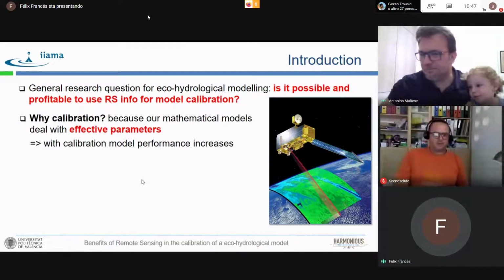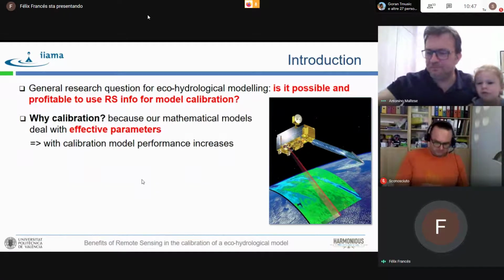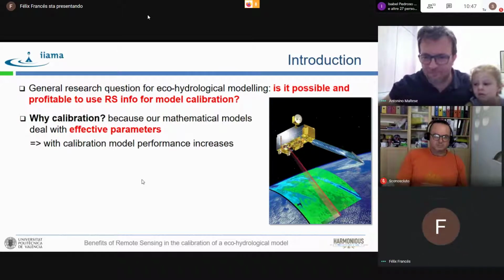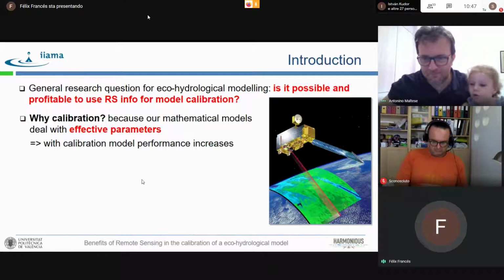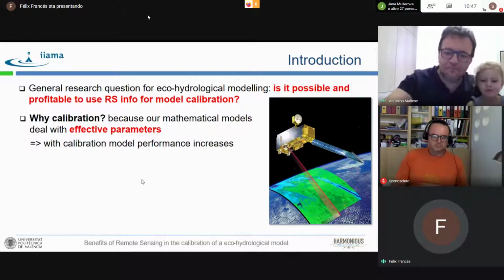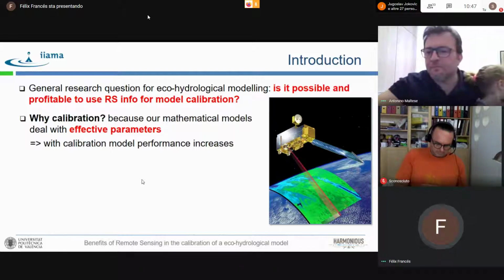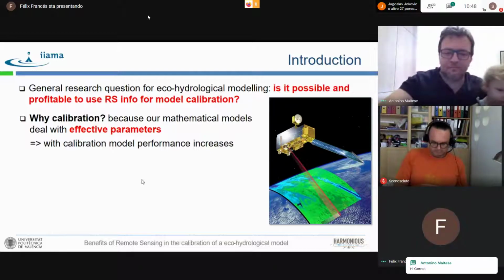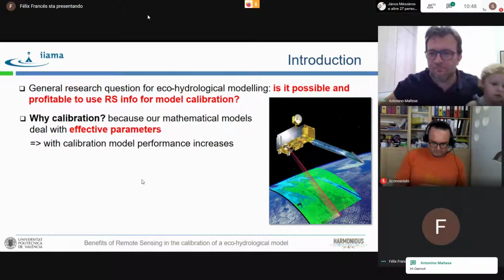And why do we need to calibrate our mathematical models? Because any mathematical model deals with effective parameters, different from the unknown true values of all parameters, for different reasons: errors in the information, spatial and temporal scale effects in the numerical integration, etc. With calibration, the model performance usually increases.